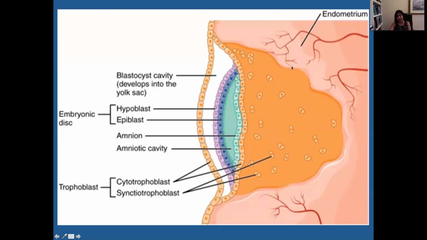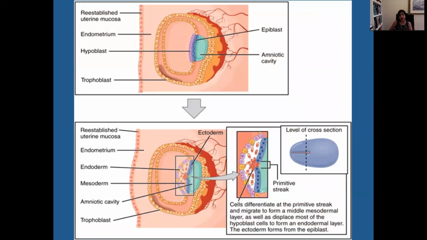You notice that here the syncytial trophoblast and its activity allows the structure to go deeper into the endometrium. In this view, we are looking at the same two cell layers, epiblast and hypoblast. What we see here is the space around here, and this is the amniotic cavity.